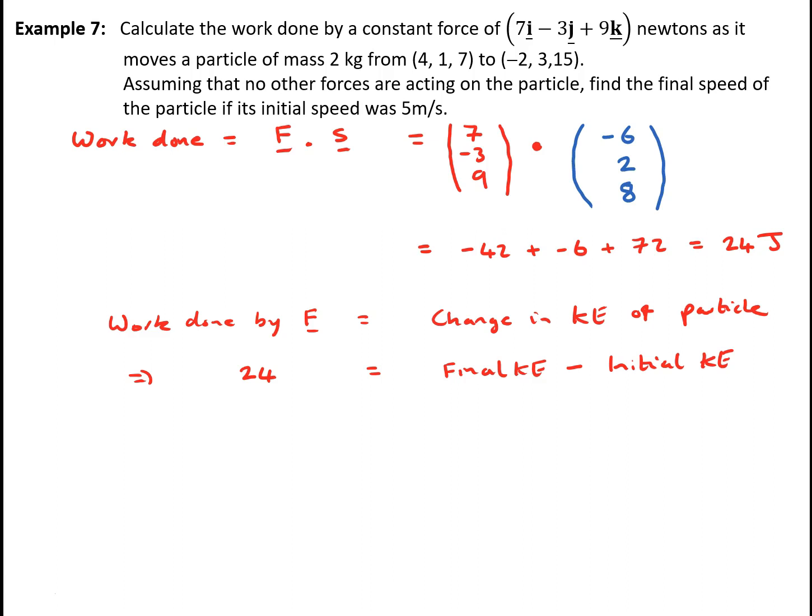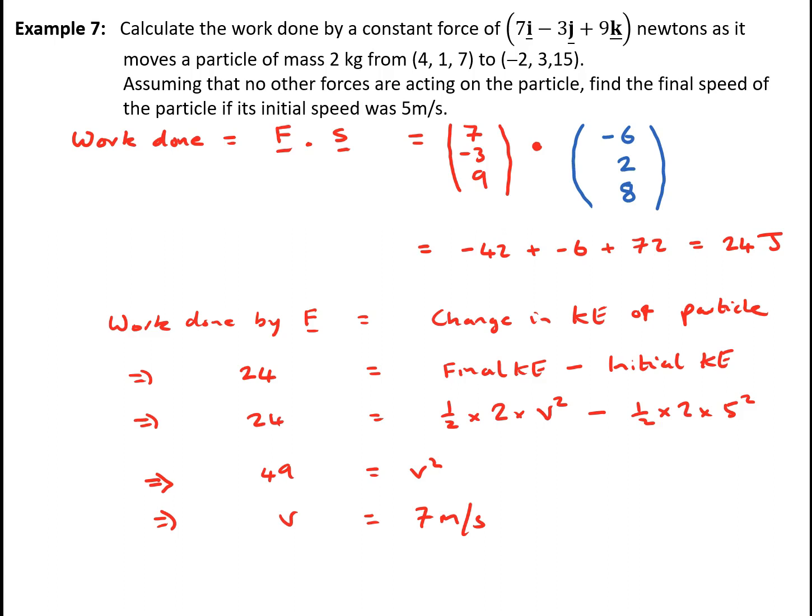So the initial kinetic energy is a half times 2 times 5 squared. And the final kinetic energy is going to be a half times 2 times v squared, where v is the final speed. Half times 2 times 5 squared gives me 25. So I've got now 49 is the value of v squared. So the final speed of the particle must be 7 meters per second.